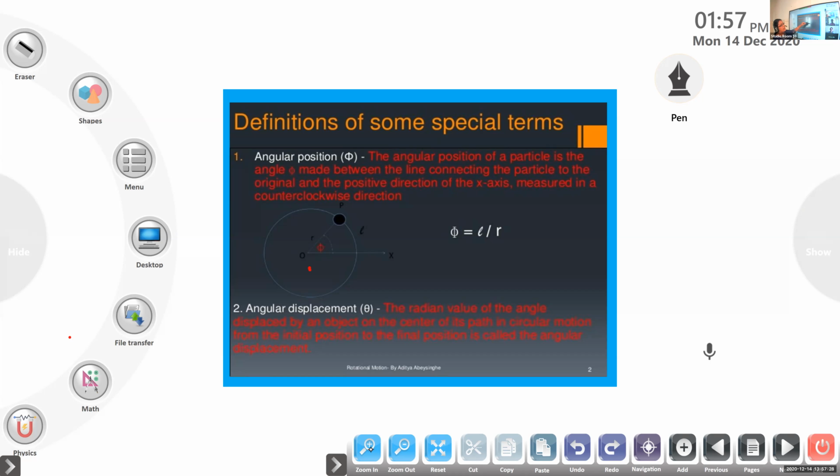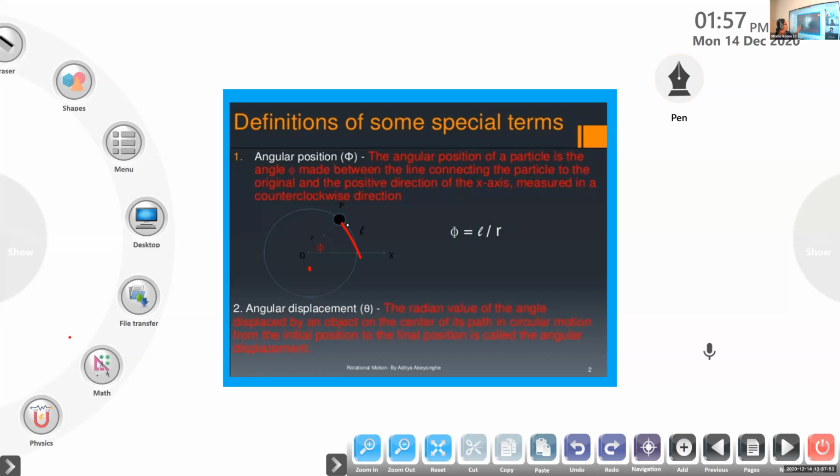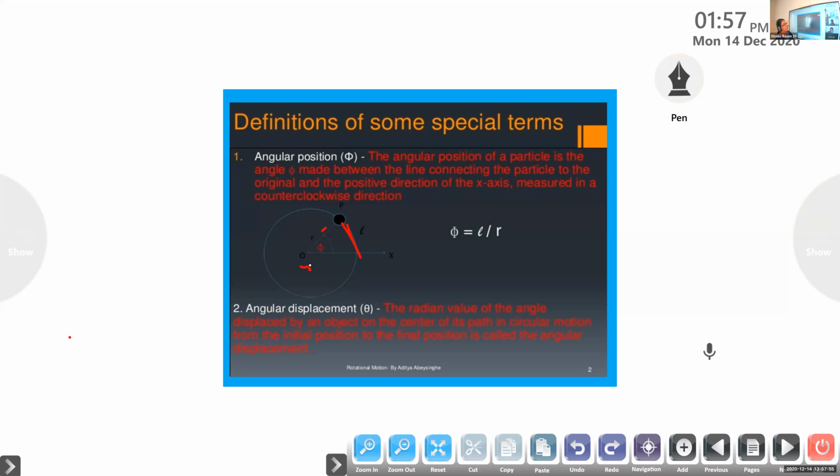Angular position phi is equal to the length of the arc subtended. Just learn that equation, that is enough. Angular position phi is equal to the length of the arc subtended by the radius, by an angle phi.